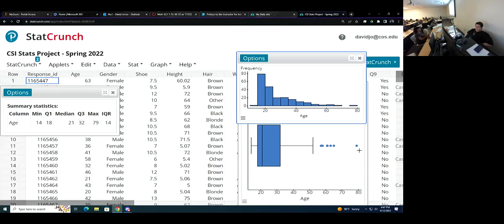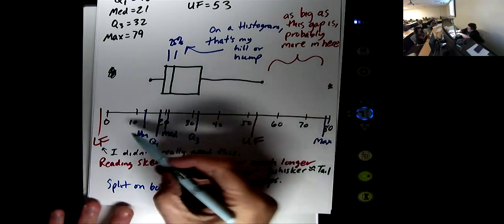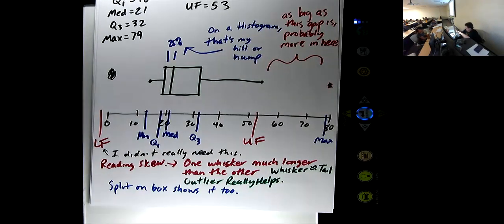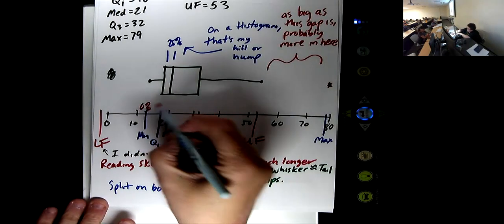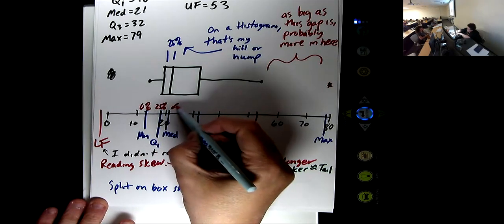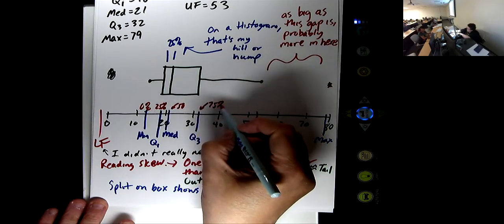Notice how my, well, let me go back to the paper and point out the quartiles. All my blue lines are the quartiles. Oh, wow, I got the wrong pen in the wrong hole. The min was the 0%. Q1 was 25%. Median was 50%. Q3 is 75%.